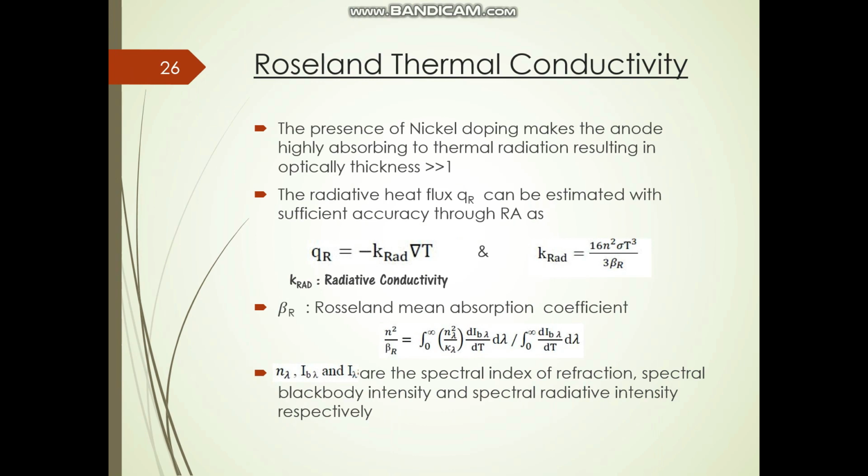Another approximation for calculating the RTE is the Rosseland thermal conductivity. The presence of nickel doping makes the anode highly absorbing to thermal radiation, resulting in optical thickness much greater than 1.